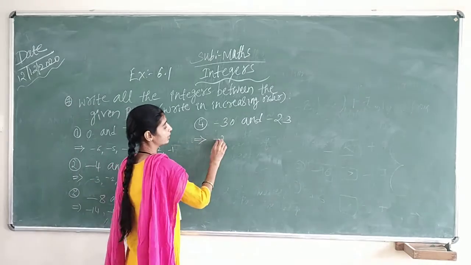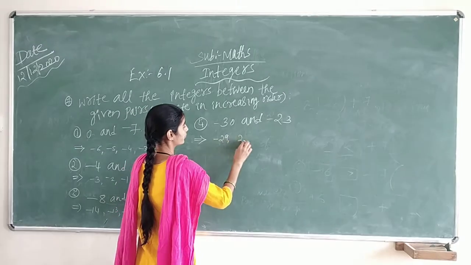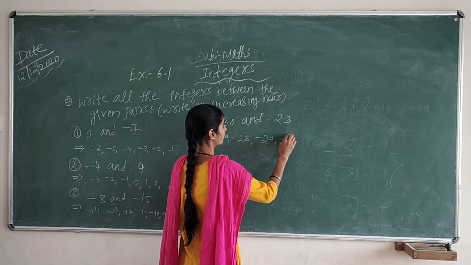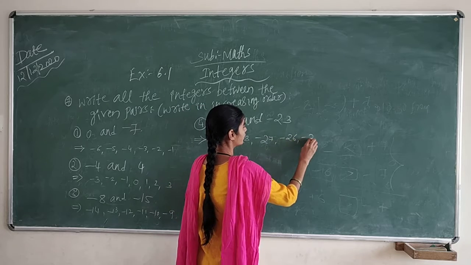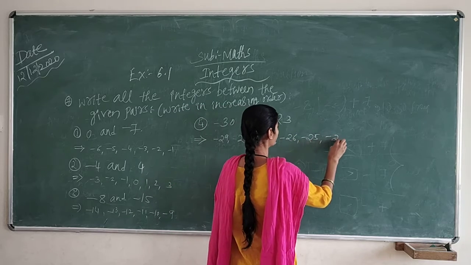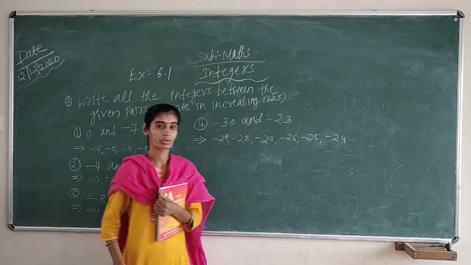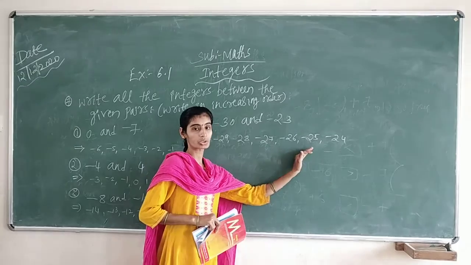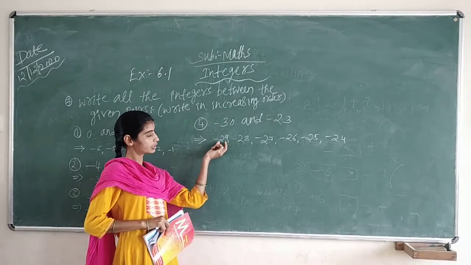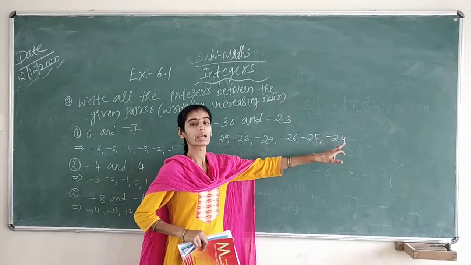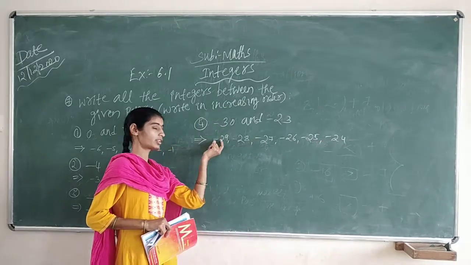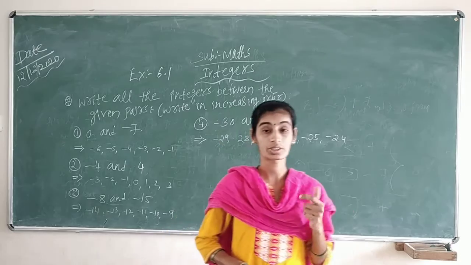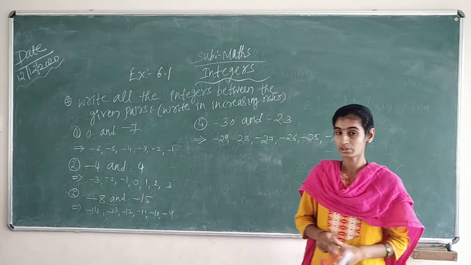So minus 29, minus 28, minus 27, minus 26, minus 25, minus 24. So these are the integers in increasing order. Minus 29 is smaller than minus 24, and minus 24 is greater than minus 29. In this way you need to write the integers. It's very important. Try to understand it.